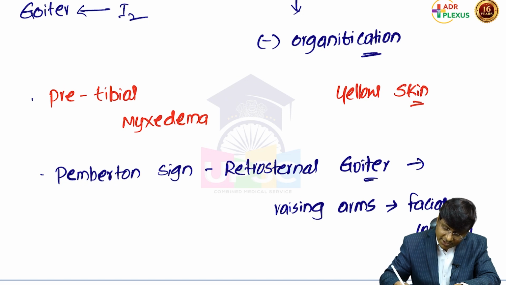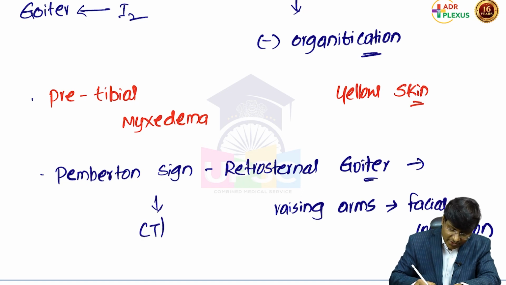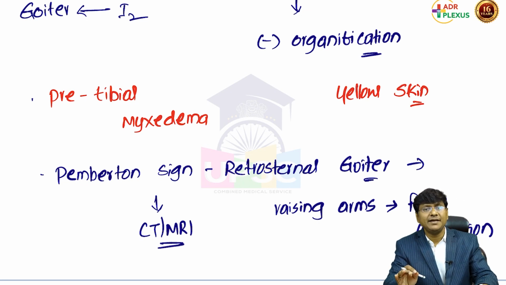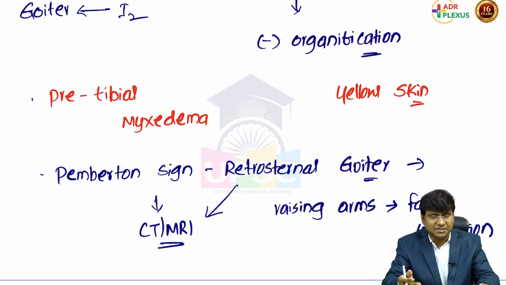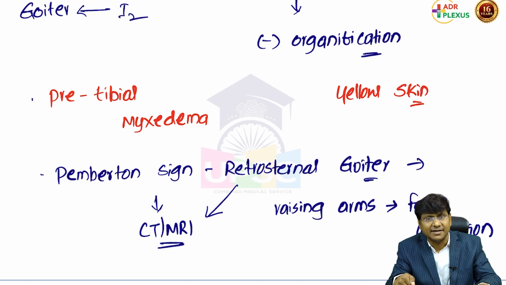This can be evaluated by CT or MRI, that is, your retrosternal goiter can be visualized by CT or MRI of the chest. So these are some important points related to the thyroid. The workup as well as the treatment, I will discuss in the subsequent questions, okay? Next question.